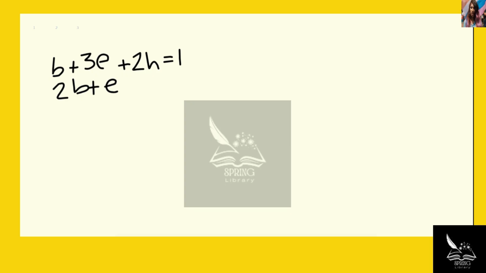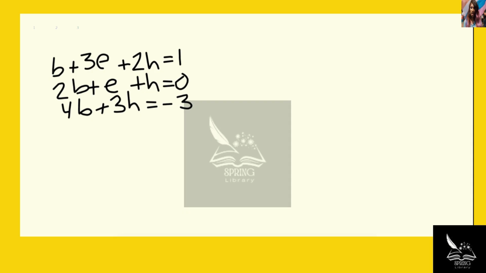So if we get our next system of equations, then that's going to look like B plus 3E plus 2H is equal to 1, 2B plus E plus H is equal to 0, and 4B plus 3H is equal to -3.